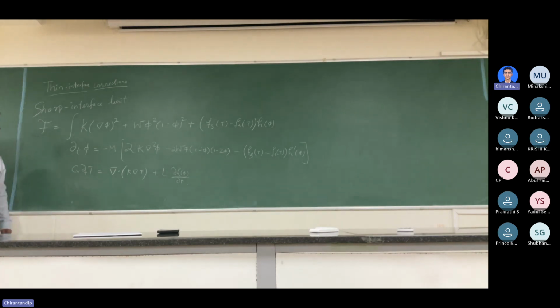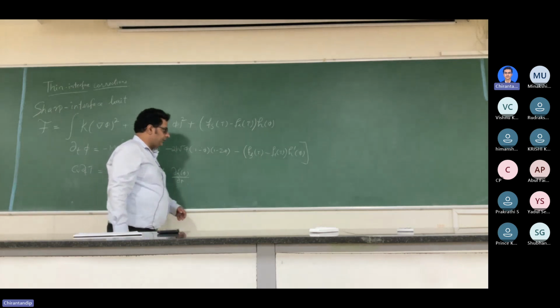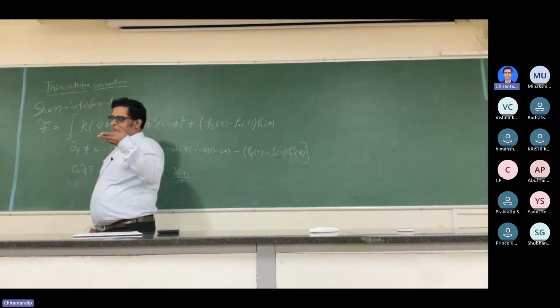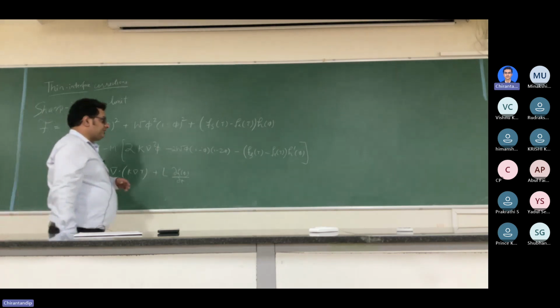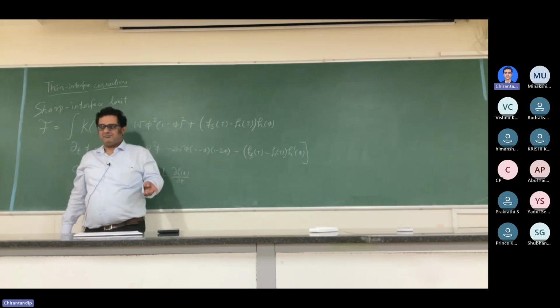Okay? Now, the precise question we are asking is, if I undercool my system by some value below Tm, right? What is the relation between the temperature at the interface and the velocity of the interface?